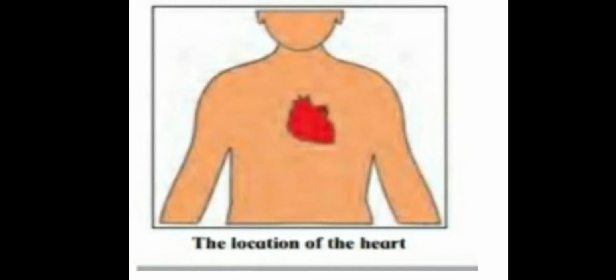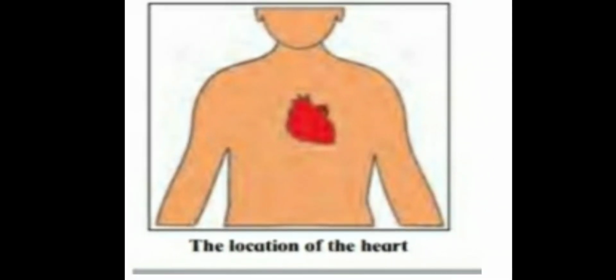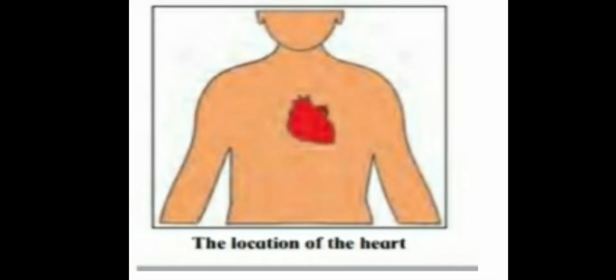The walls of the heart too are flexible. The location of the heart is in the center of the thoracic cavity. It is slightly bigger than one's fist, and the walls of the heart are flexible.